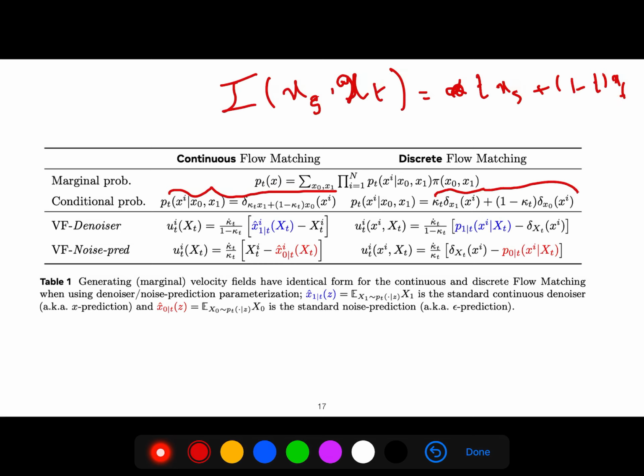But the difference between this and flow matching is that you are sampling even the x of s and x of t. So it's a distribution, but still it's deterministic.